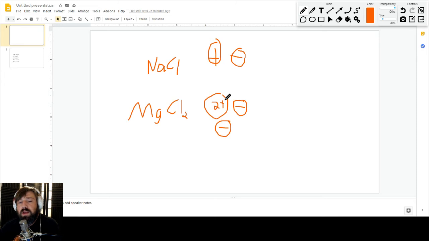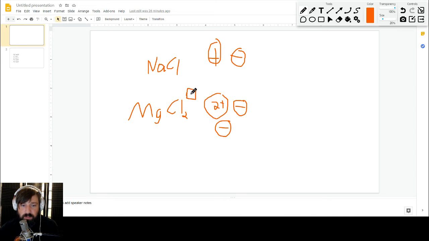So that is what is going to be happening. You can always tell how many of each atom you need, because it's always going to equal out the charge that is up here.